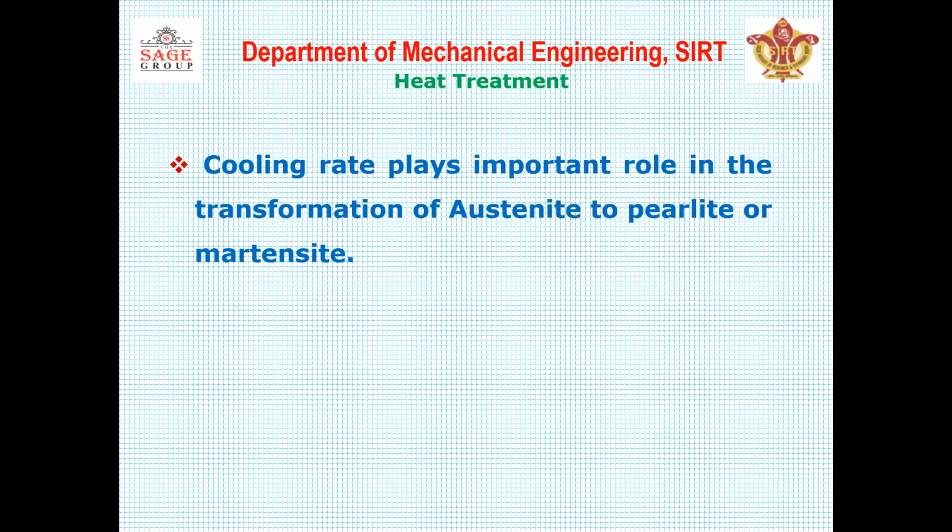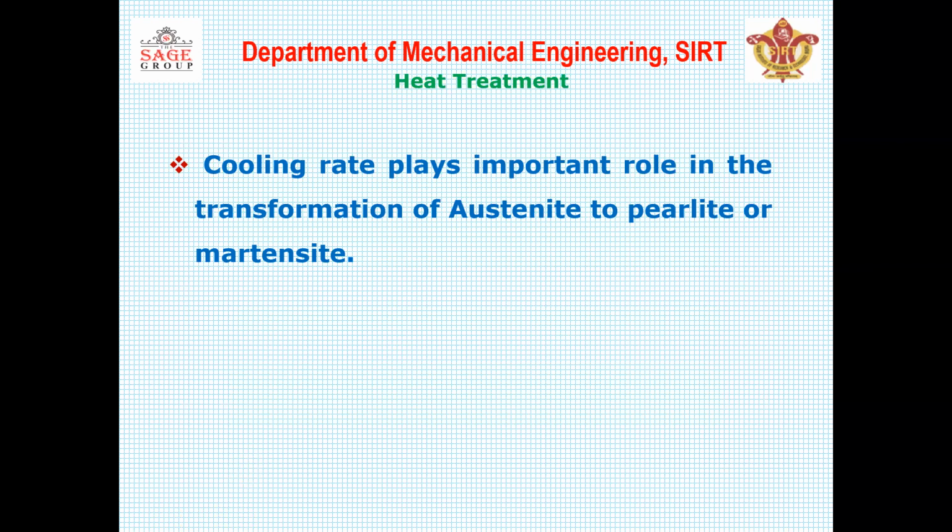Cooling rate plays an important role in the transformation of austenite to pearlite or martensite. Yes, in the eutectoid reaction, transformation takes place from austenite, that is gamma, to pearlite or martensite. And this transformation takes place in the solid state of the material.